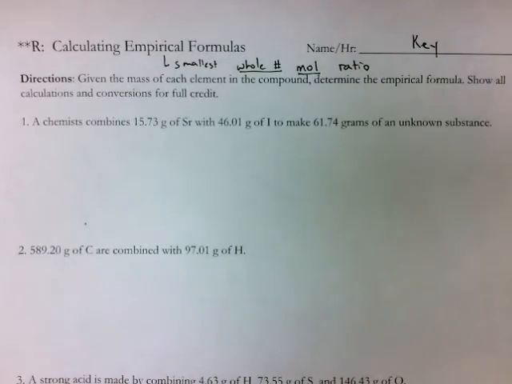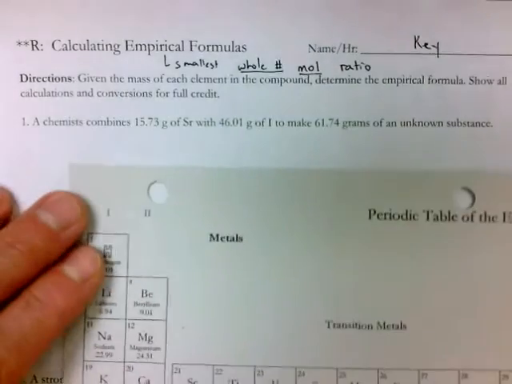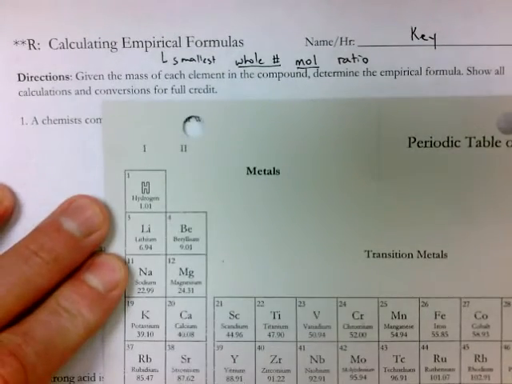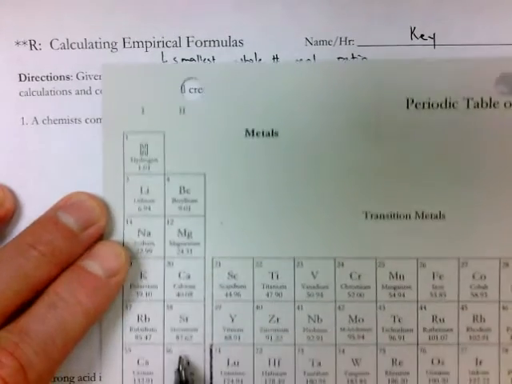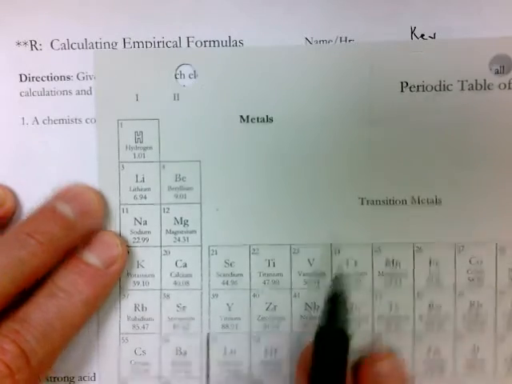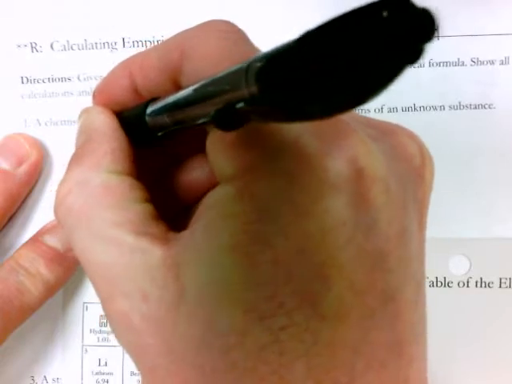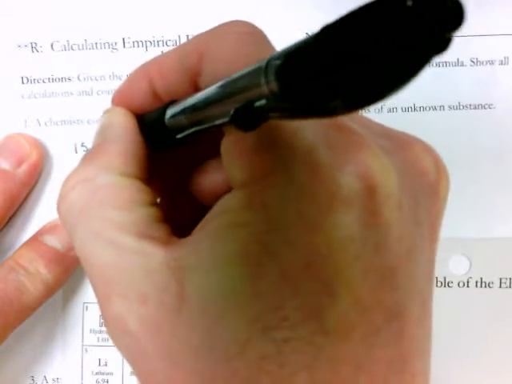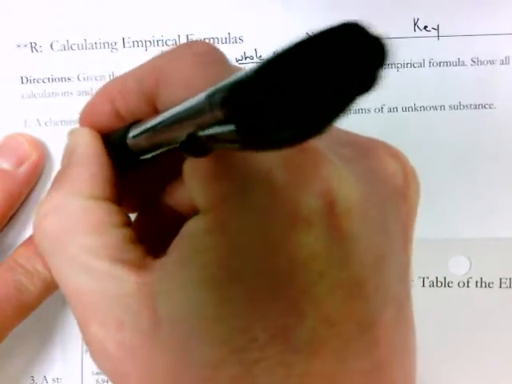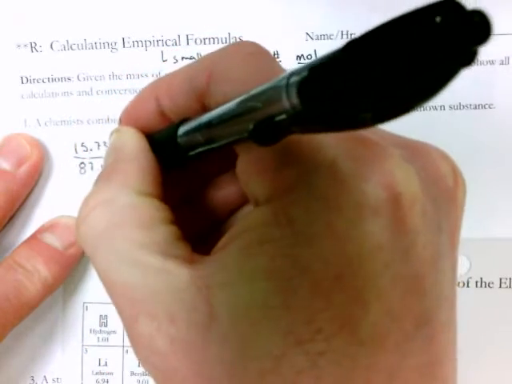The molar mass of that atom is going to come off our periodic table. So for the case of strontium, strontium weighs 87.62. We can find that on our periodic table. We're going to take the 15.73 divided by 87.62.